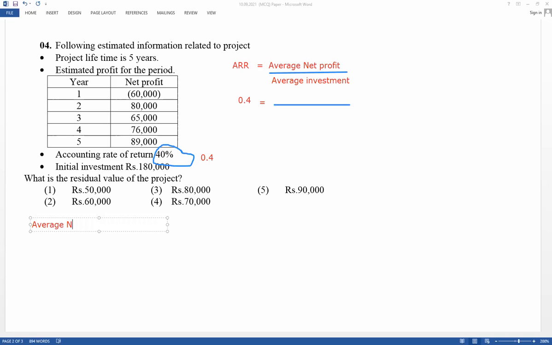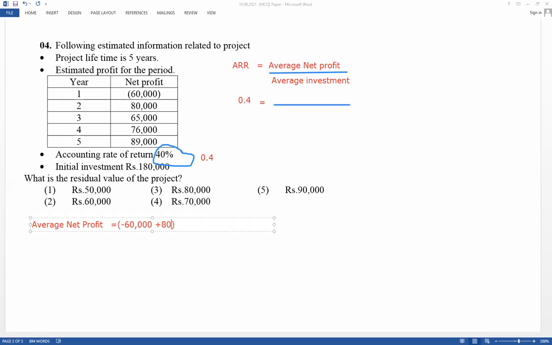Total net profit: 60,000 minus 60,000, take the total value and divide by number of years.